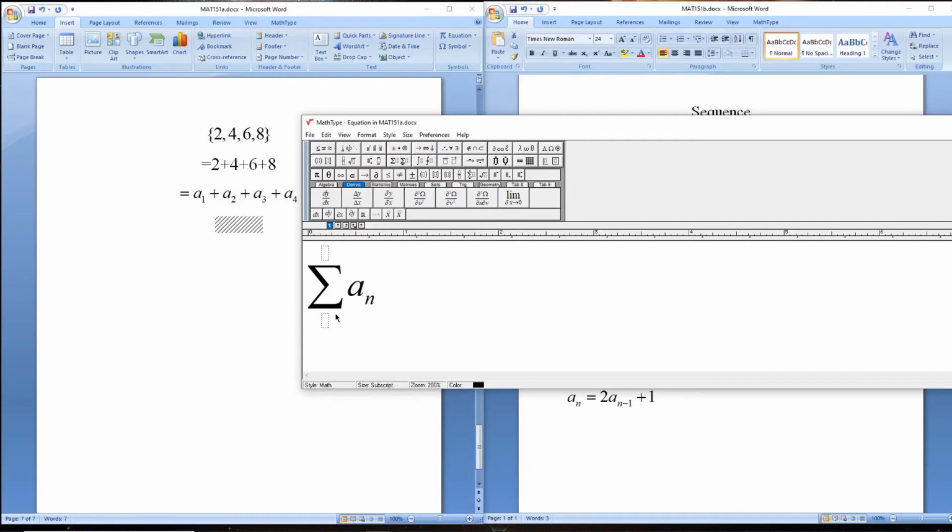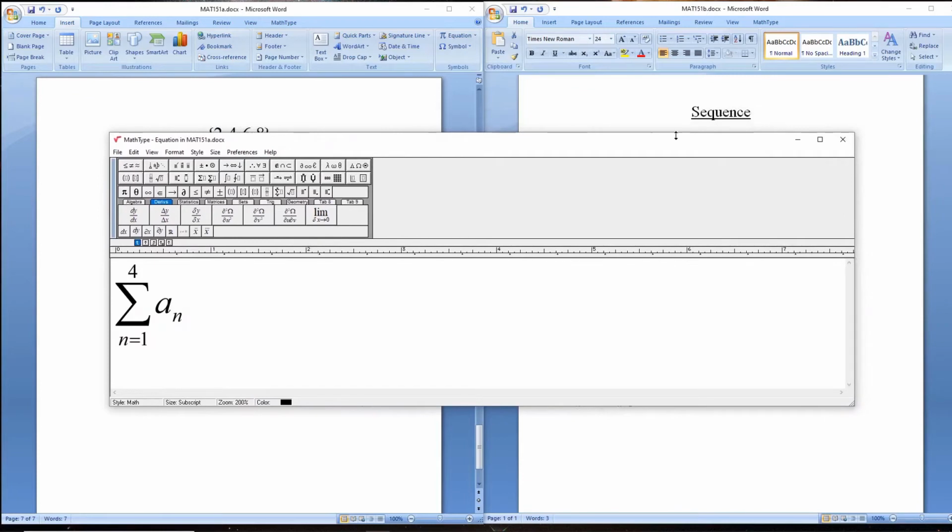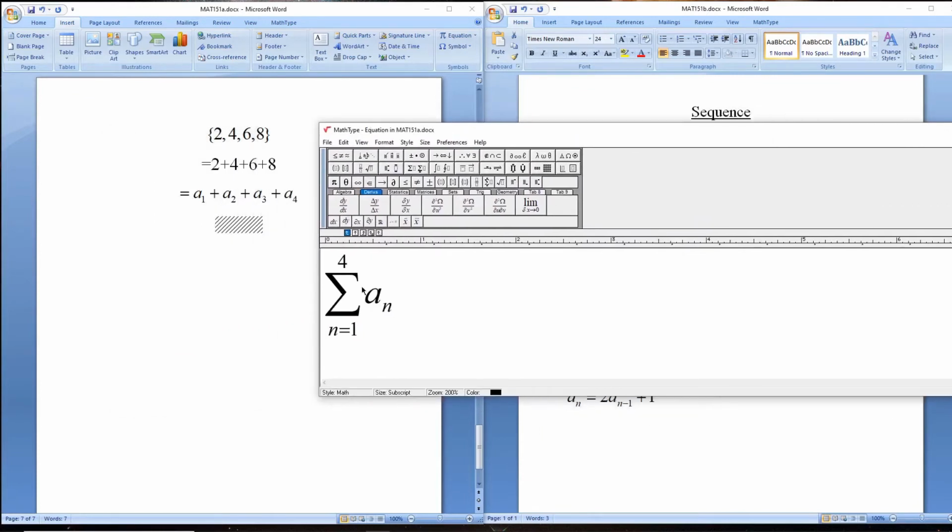The bottom of the summation indicates at what integer we're starting our sequence. And the top of the summation indicates at what integer we stop our sequence. So this summation, what does this mean? This summation means adding together all these numbers in the sequence.